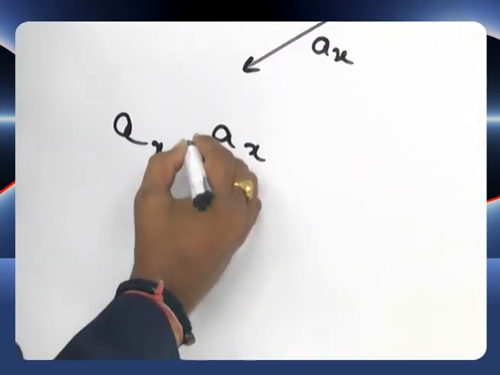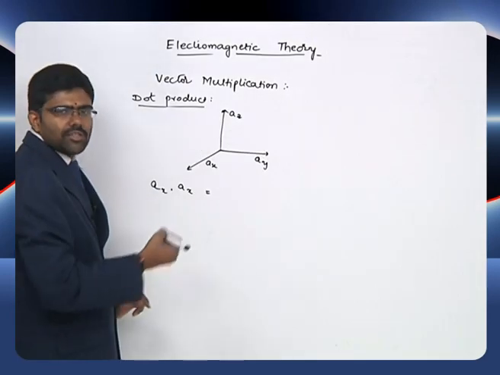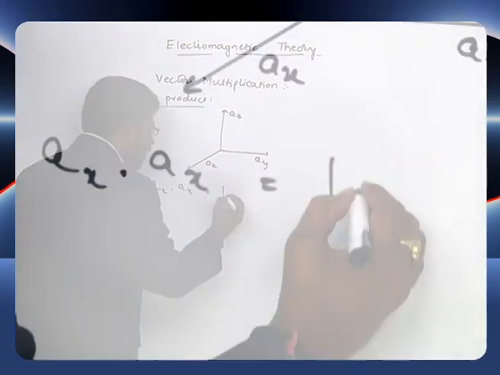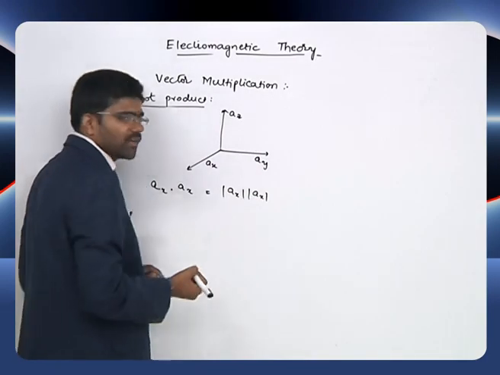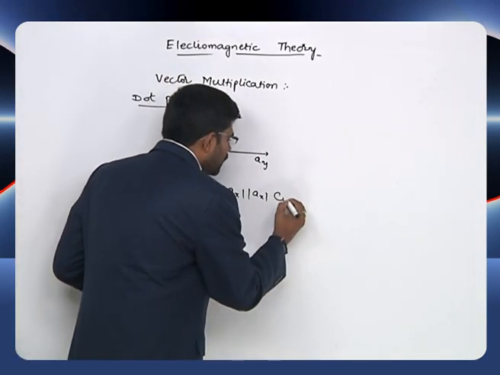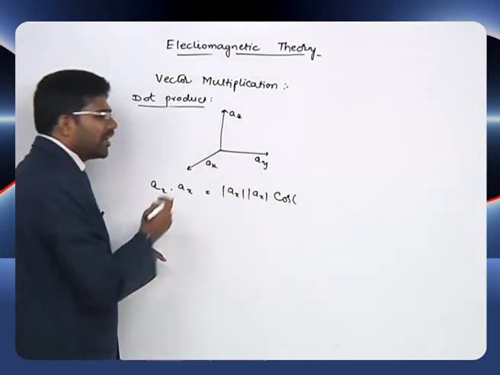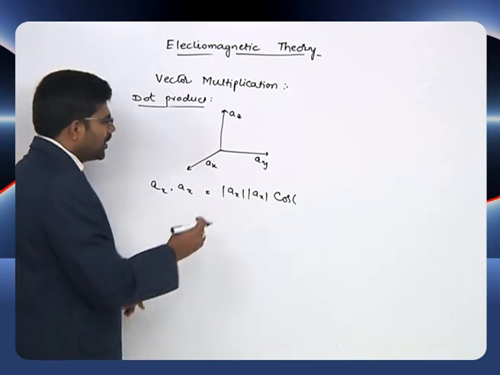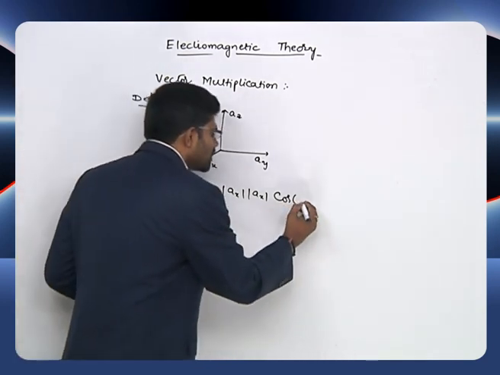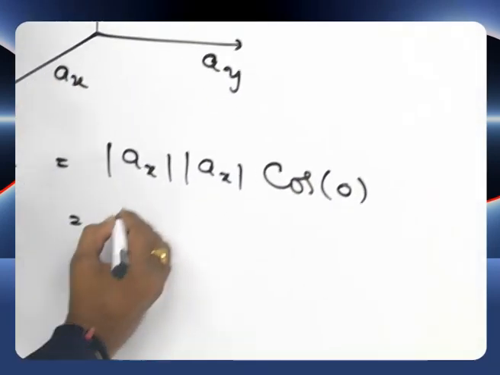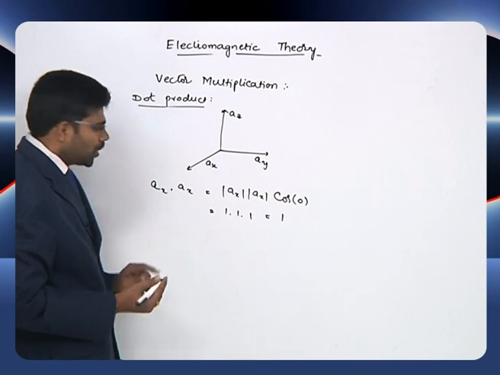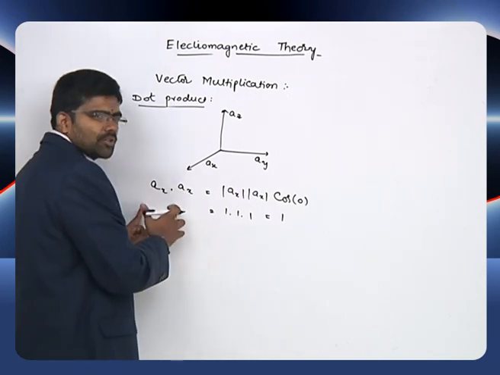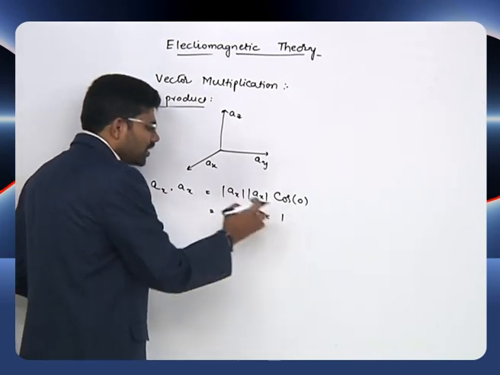Let us take ax dot ax. As per the definition of the dot product, you can write this as the magnitude of ax, once again the magnitude of ax, and cos of the angle between ax and ax. Obviously the angle between the ax axis and the same ax axis is 0, which is 1 into 1 into 1, just 1. So, if we multiply two unit vectors in the same direction, the answer is 1.